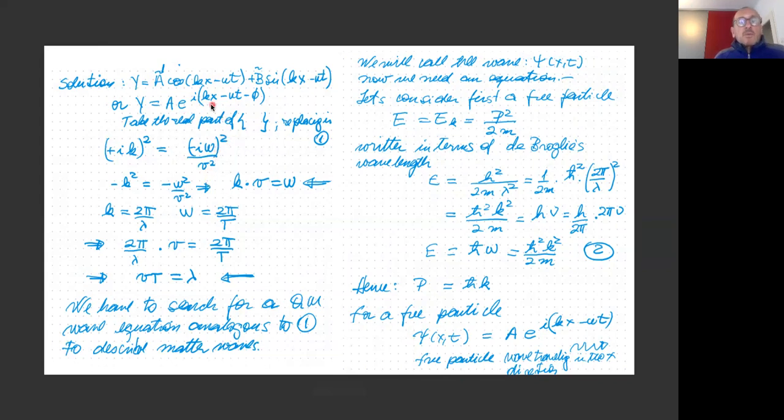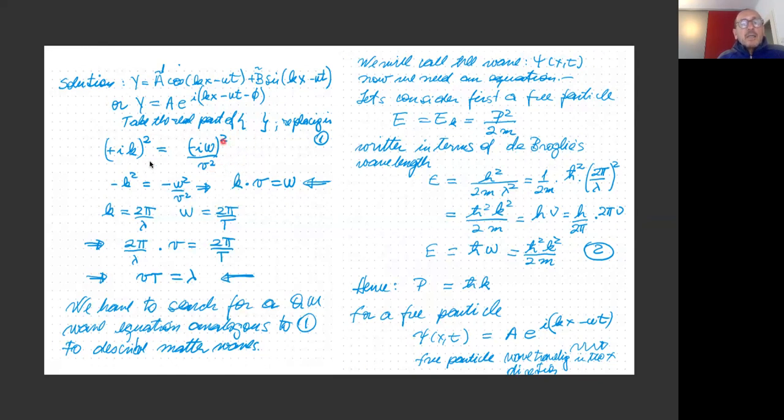Why? Well, you have to be reminded that the derivative of an exponential is the same exponential again, times the derivative of the argument on top. That's what I'm simply doing, and I have canceled in both sides this factor A. So this is (ik) squared times y is equal to (iω) squared divided by v squared times y.